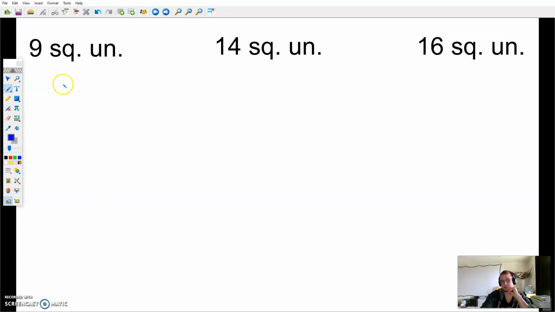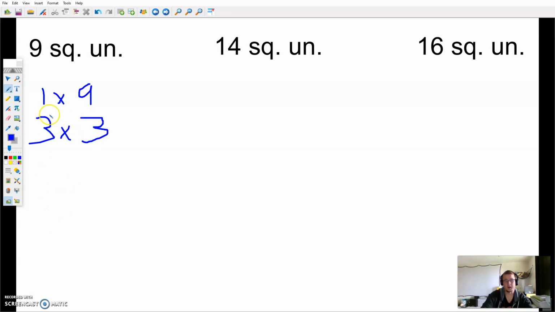We've got 9 square units. So if we thought about that, what are different things we can multiply together to get 9? 1 times 9 would get us 9. What else? Good. 3 times 3.